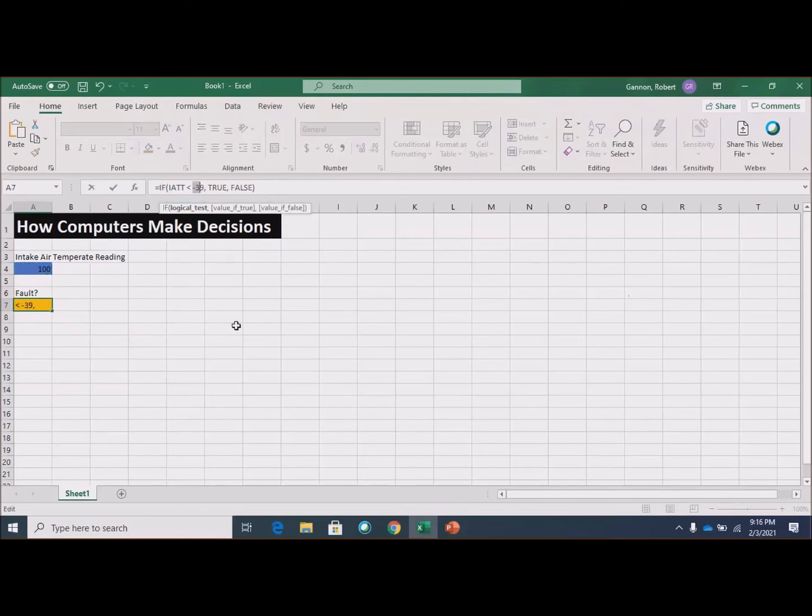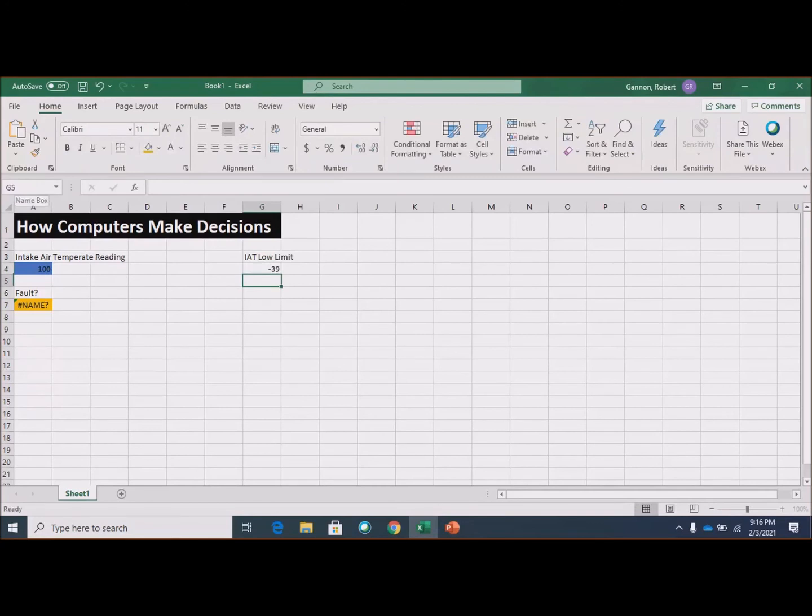So if we go back to thinking about our calibration, we can change this again, right? Instead of 39, let's name something here. We'll call it the IAT low limit. Let me name it that, IAT low, and I'll make that -39.